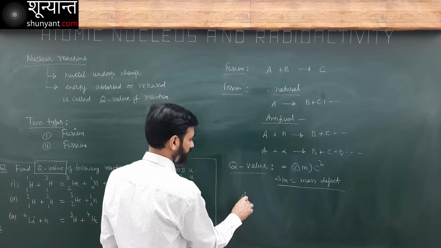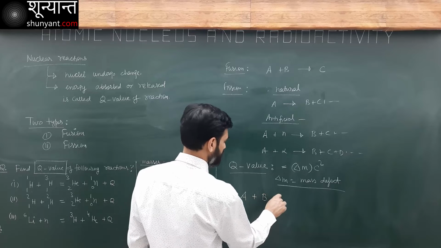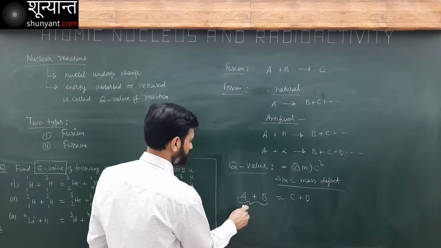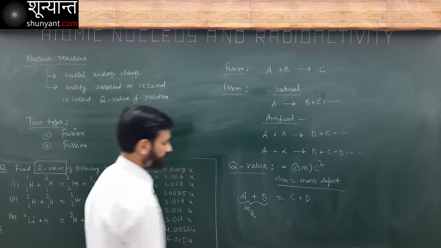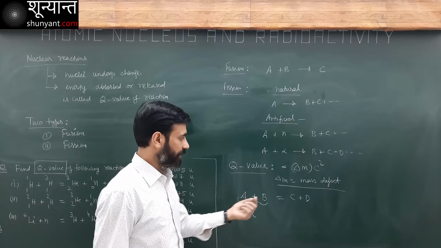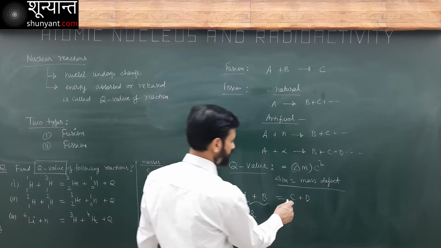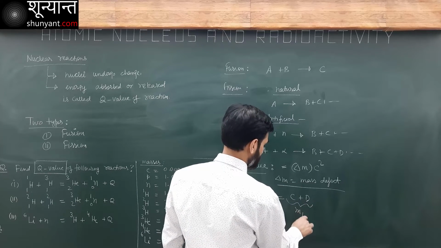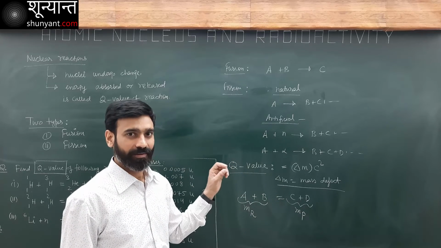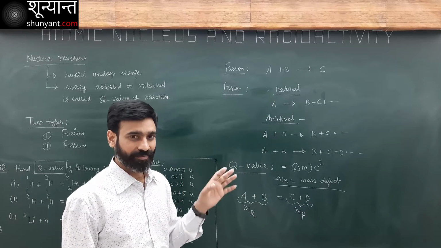So if I have this reaction, A plus B gives C plus D, these two are reacting, and these two are products. This is the mass of reactants, and this becomes the mass of products. There is going to be some mass difference.